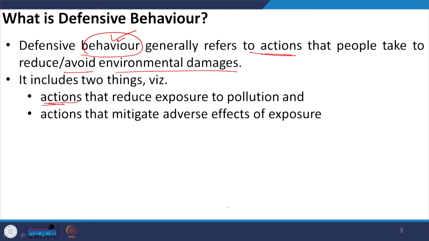Suppose you are very sensitive to air pollution, and it is likely that you will be suffering from asthma. So, during the ambient period, like in the morning or in the evening, you will be trying to avoid outdoor exposure.